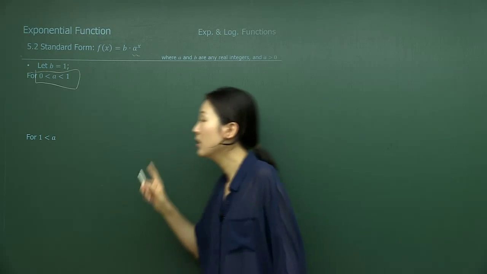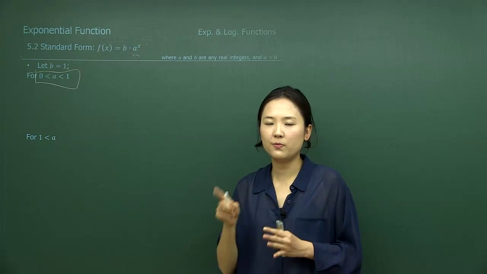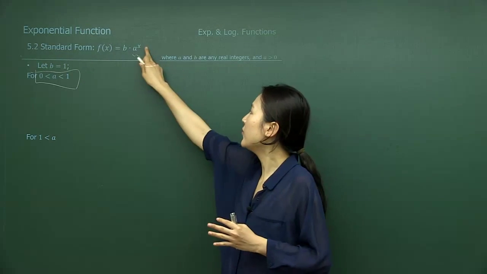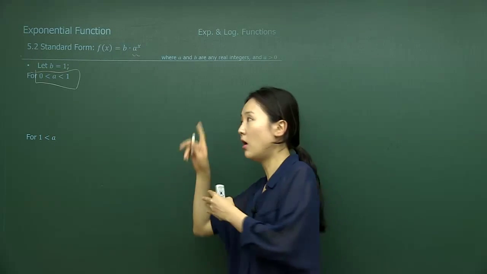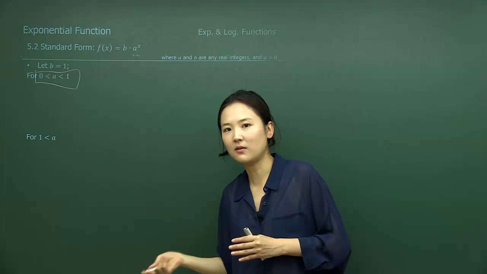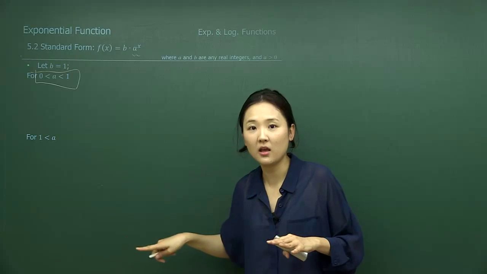Just remember that. For a reason, because if your base is negative, for even power, the outcome is positive, but for odd exponent, it will be negative. So it's going up and down. It's not exponential growth or decay. All right?